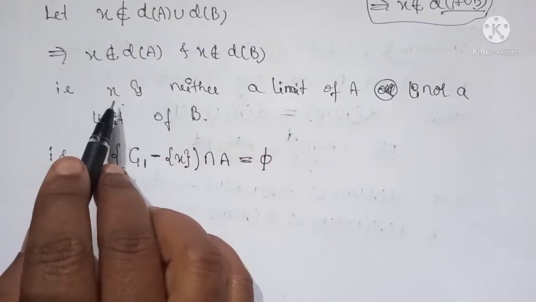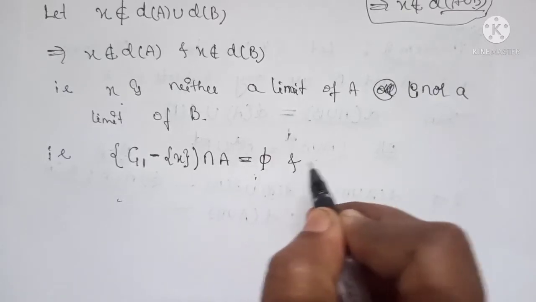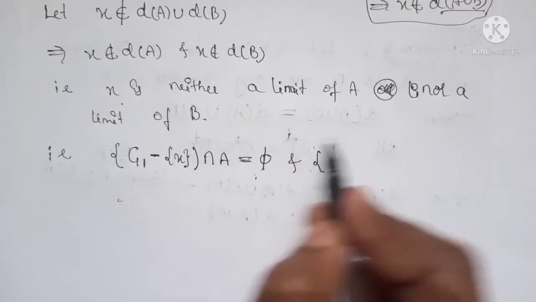It is not a limit point, which implies that we get the empty set. And the same applies for B.